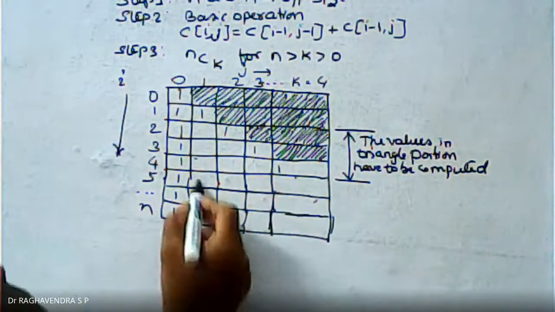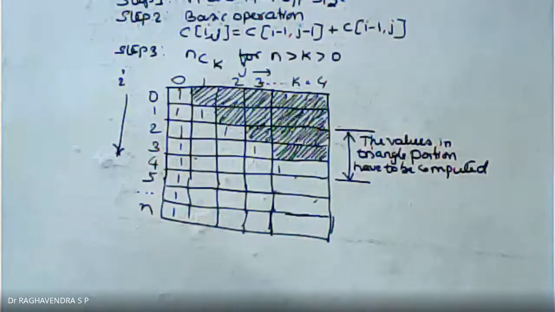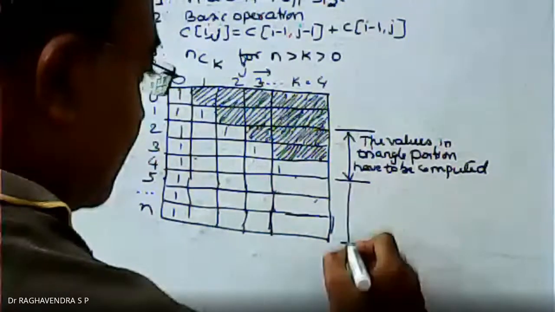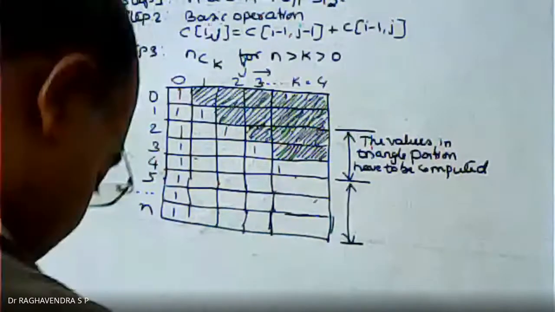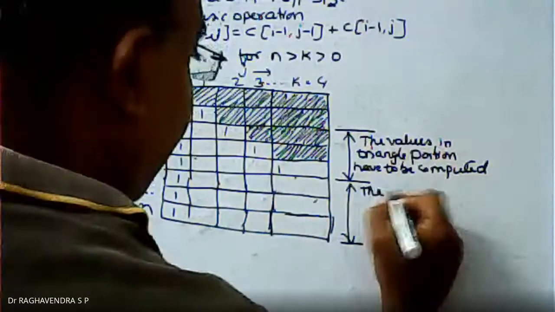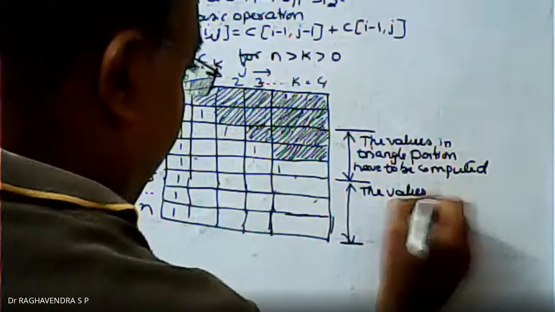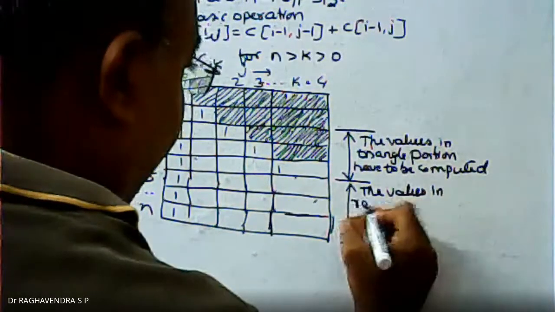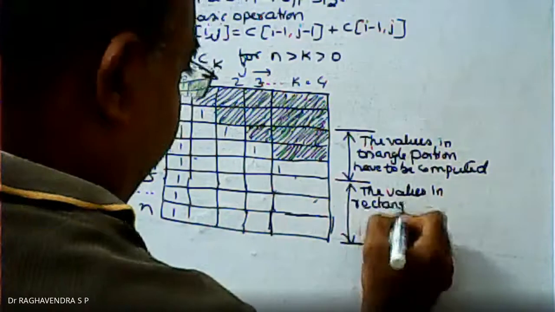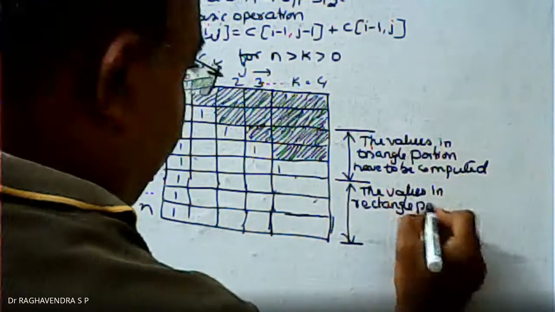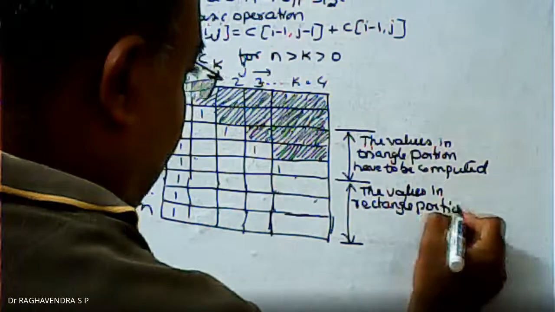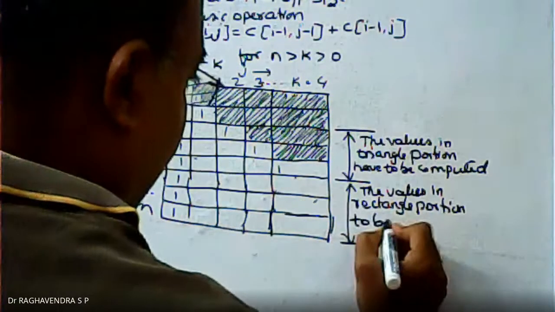Then what about this region? Rectangle. Okay, hence the values in the rectangle portion are to be computed.